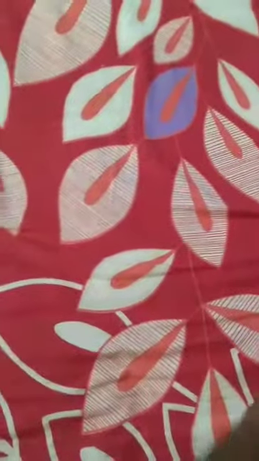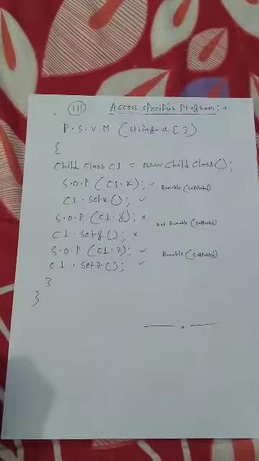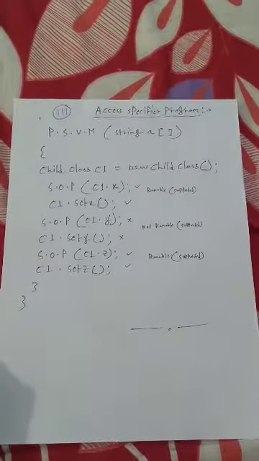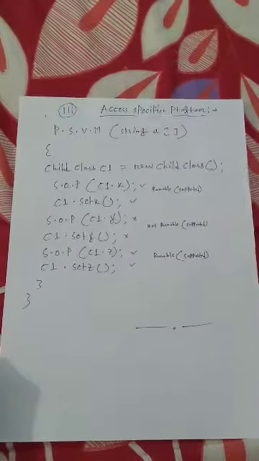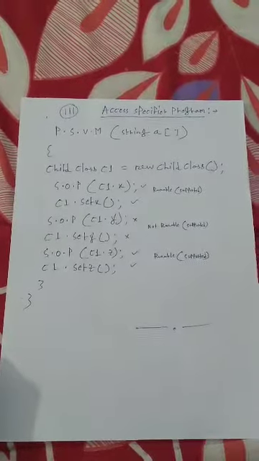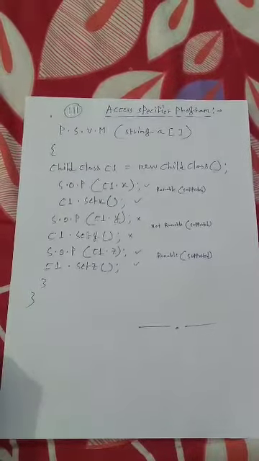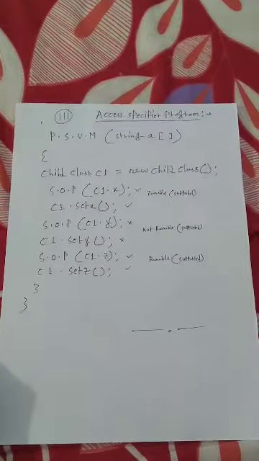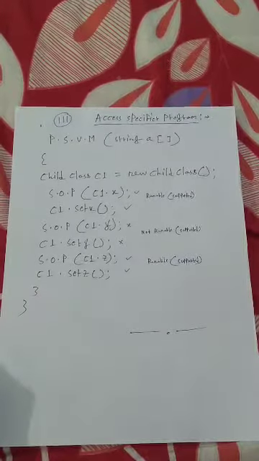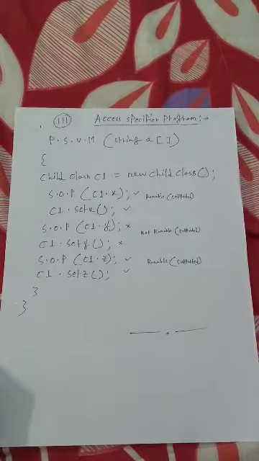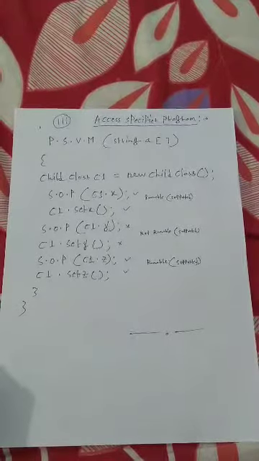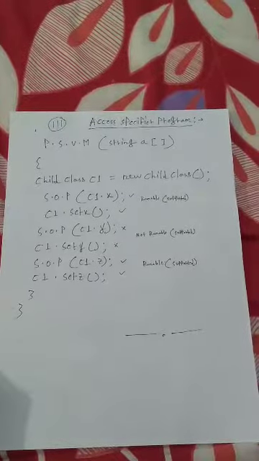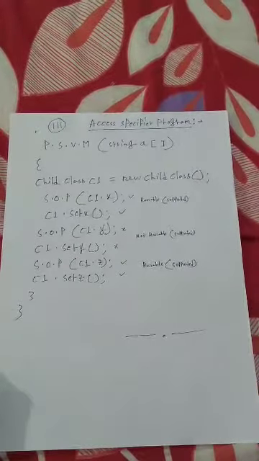Next, public static void main will be taken in the child class part, and ChildClass c1 is equal to new ChildClass, one object will be created for c1. If you call c1 dot x, it is runnable or supported because it is public, and c1 dot setX is also printed. But if you call System.out.println c1 dot y, and setY, it is not runnable or not supported because it is a private property of the parent class.